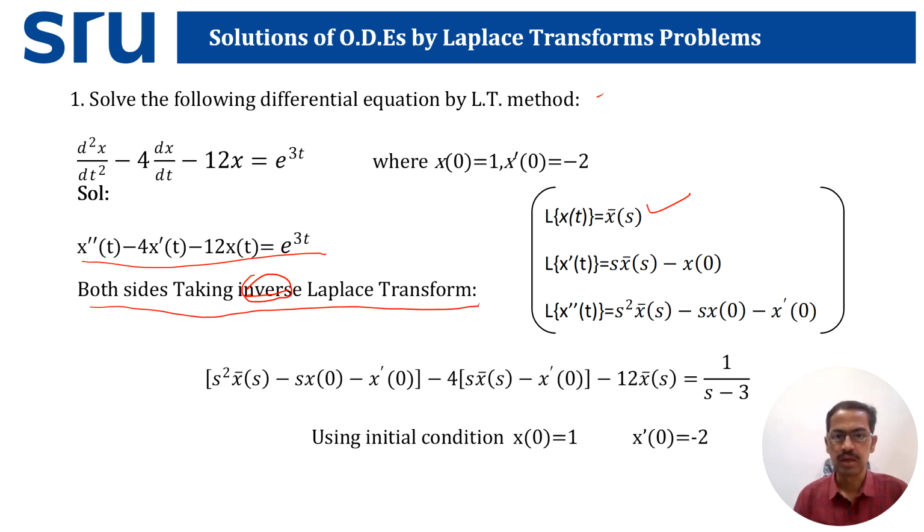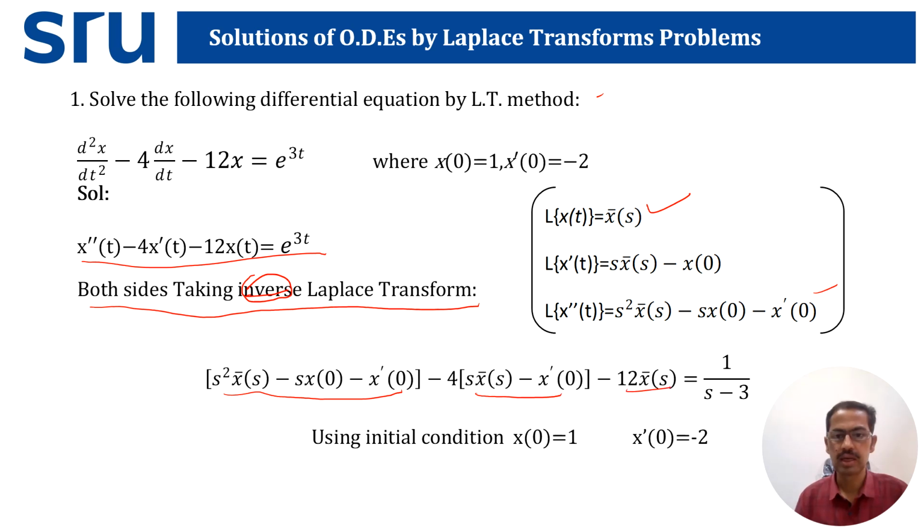Now the Laplace transform of x double dash t is s square x bar of s minus s times x of 0 minus x dash of 0. This is the second order derivative. Now we apply the Laplace transform to x double dash t, then x dash t, then x of t.